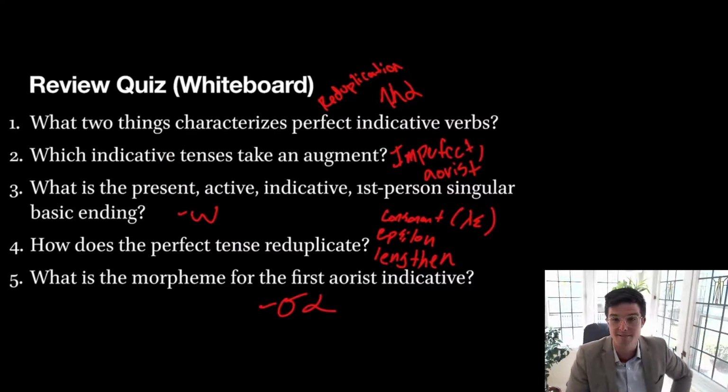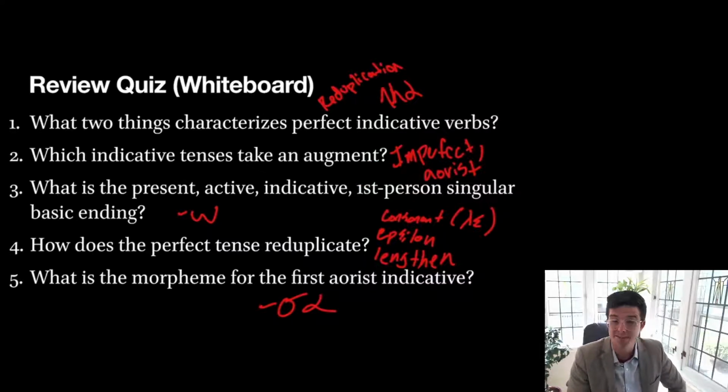The indicative tenses that will take an augment are going to be the past tenses, namely imperfect, aorist, and if you put pluperfect here, that's also the right answer, though we don't see the pluperfect very often in the Greek New Testament.